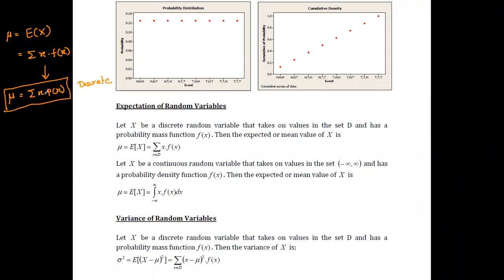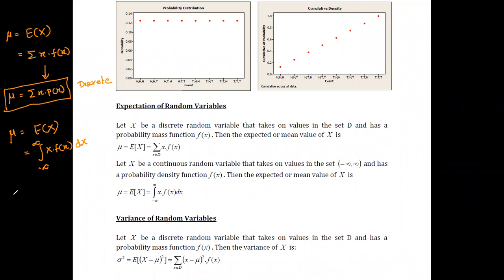If x is discrete, then we use summation. But in the case of a continuous random variable, mu is the expected value of x, which is again obtained as x times fx, and here we need to integrate with respect to x, from minus infinity to plus infinity.